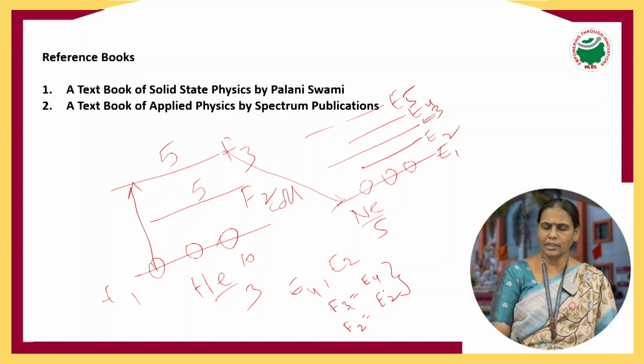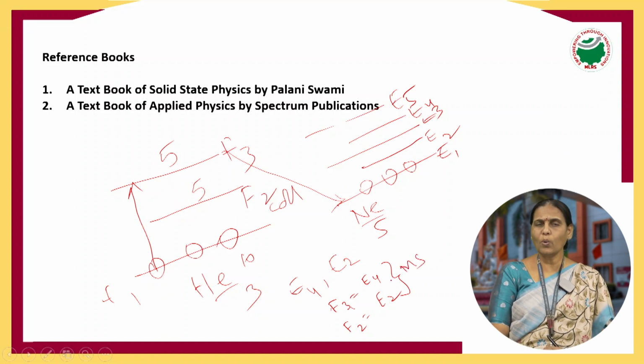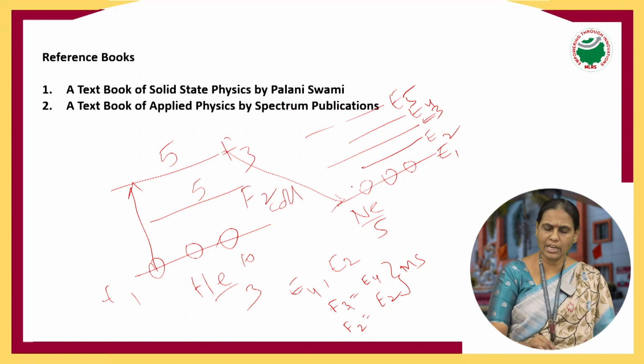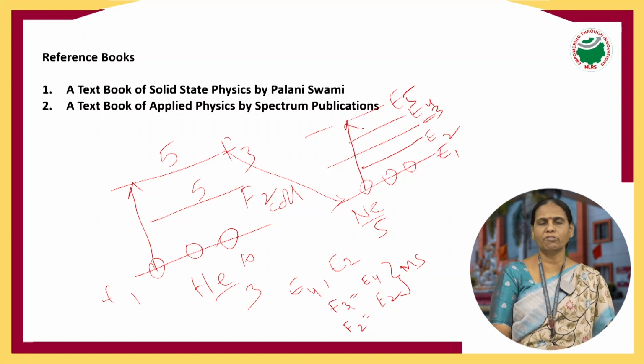These two in neon are called metastable states. That means equal numbers of atoms will jump to these energy states. Once the neon absorbs the energy, it jumps to the higher energy state E5.